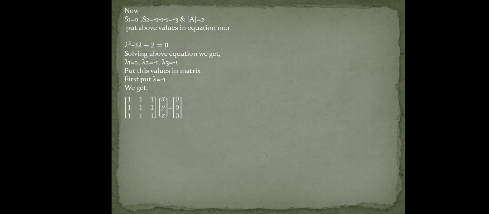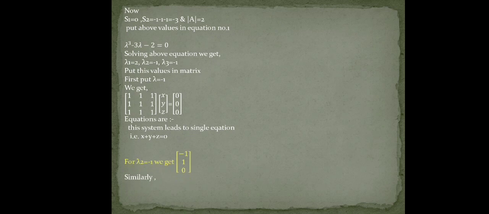So we get 1 in all the matrix. So the equation will be x plus y plus z equals 0. Consider z equals 0 and take y equals t. Therefore x will equal minus t. After doing the calculations, we get minus 1, 1 and 0.